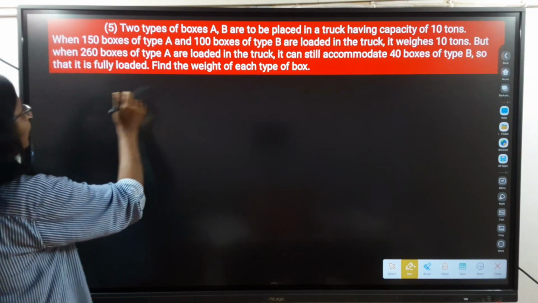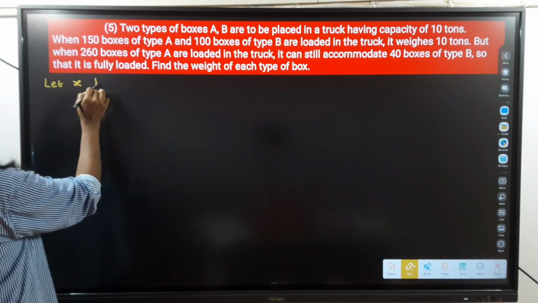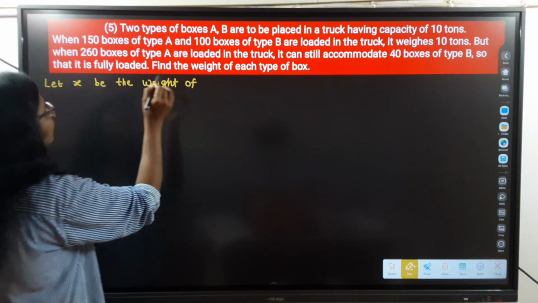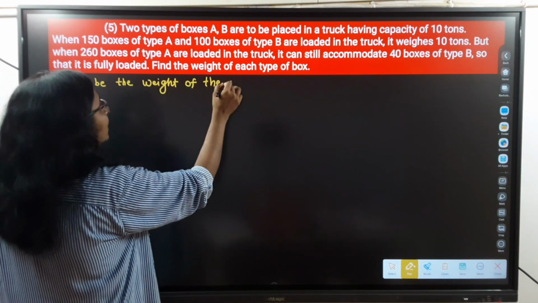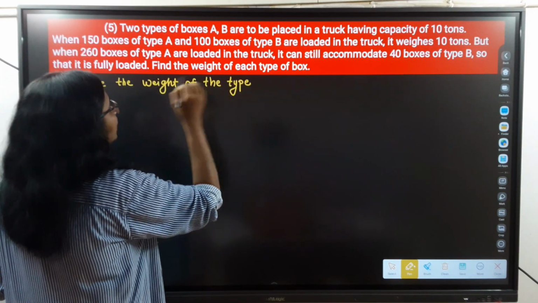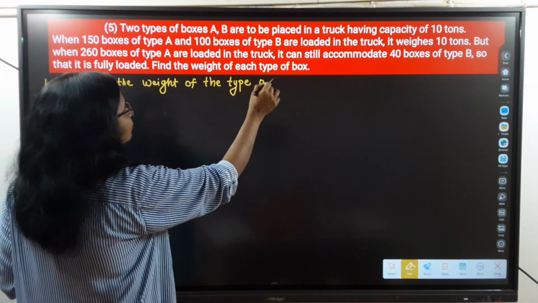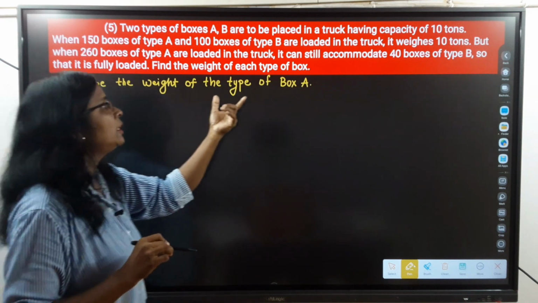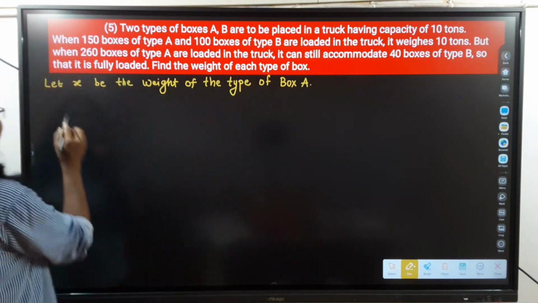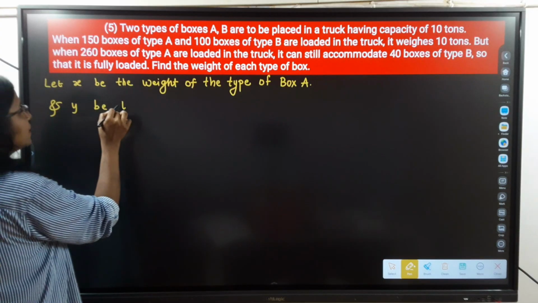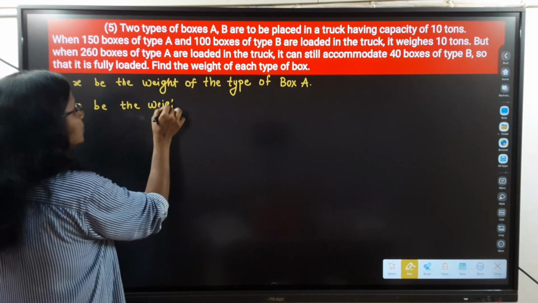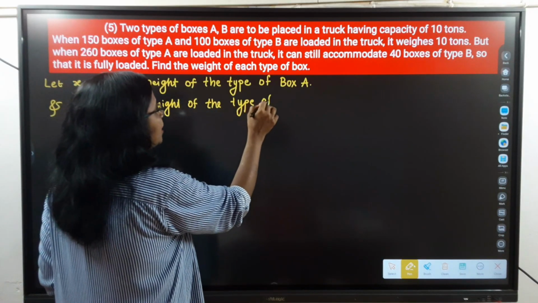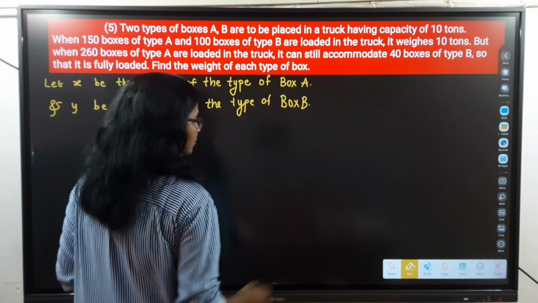So here we say that let x be the weight of the type of box A, and y be the weight of the type of box B.